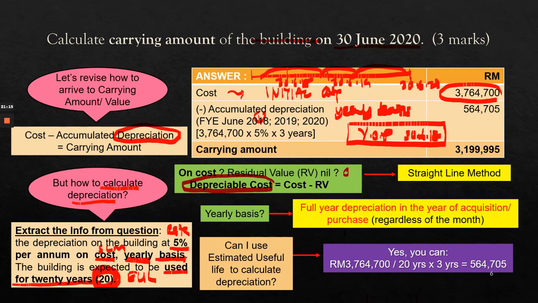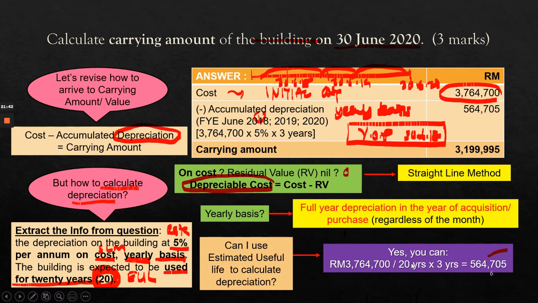If you take 3,764,700, which is the initial cost, divided by the estimated useful life of 20 years, and multiply by 3 years, from the date of acquisition until the year end 30th of June 2020, you get 564,705 as well.